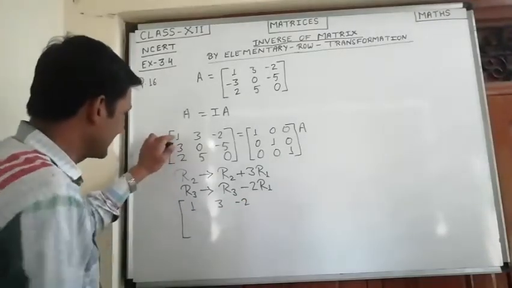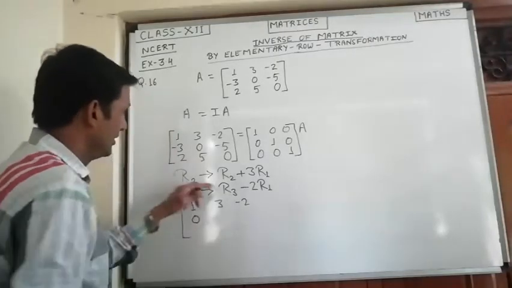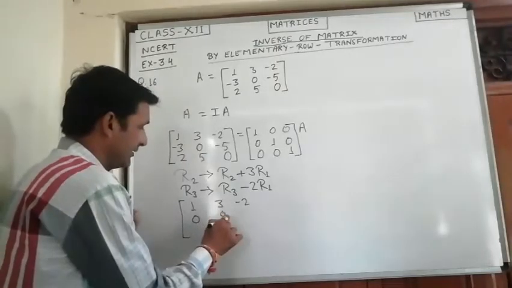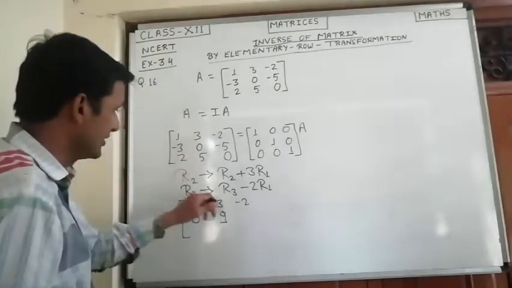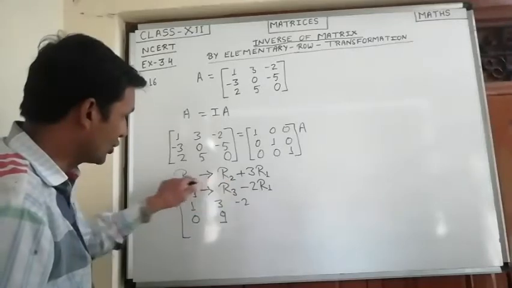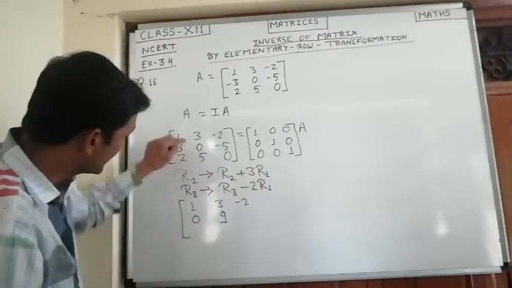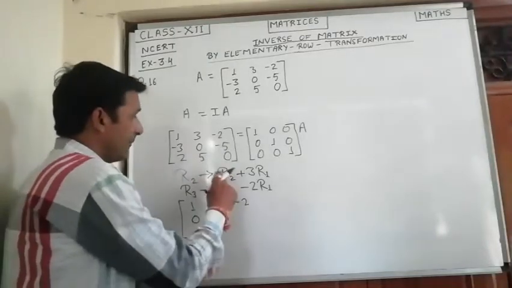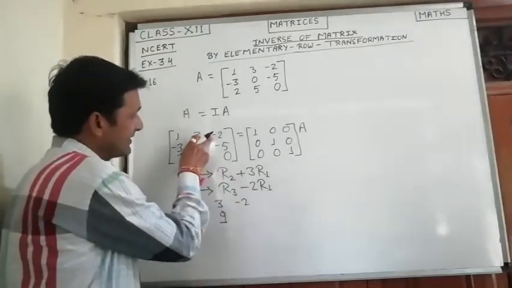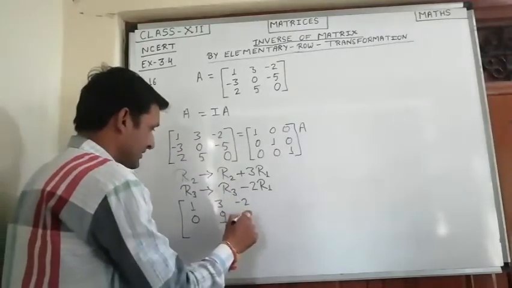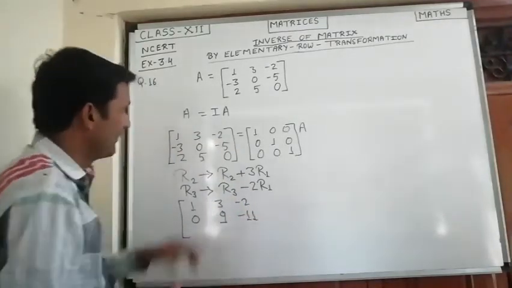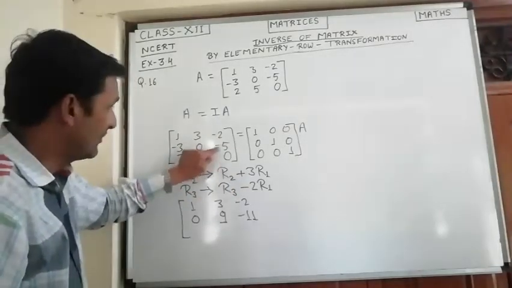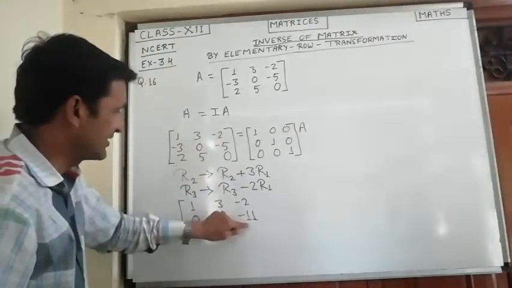Now minus 3 plus 3, that is 0. Now 0 plus 9, it will be 9. Why is it so? Because we are applying this property in row 2, R2 plus 3R1, meaning 0 plus 3 times 3 is 9, that is 9. And now here minus 5 plus 3 times 2, minus 5 minus 6, because we have to multiply 3 with the row 1 element, so it will become minus 5 minus 6, that is minus 11.